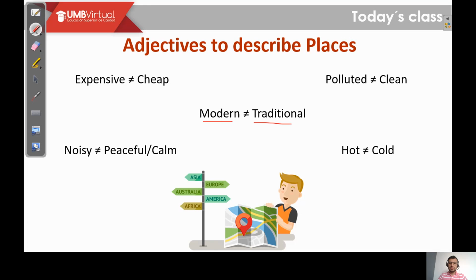Modern versus traditional, this is in terms of the buildings, the streets, like how is the city composed? For example, Aeropuerto El Dorado is modern, and probably another airport, let's say El Edén in Armenia, is traditional. Yeah, it's kind of old.